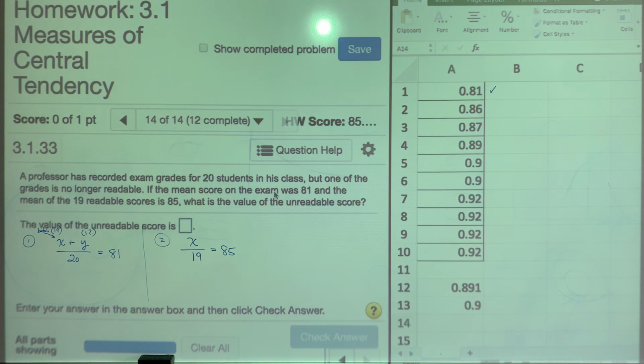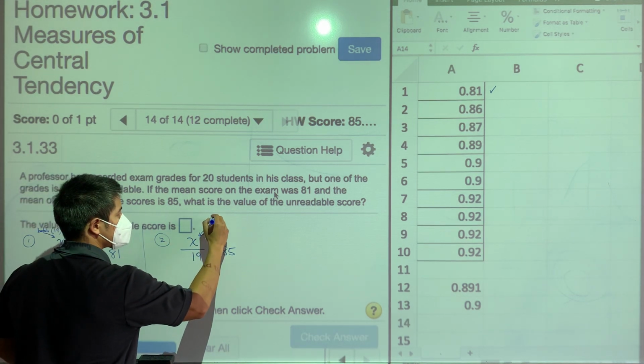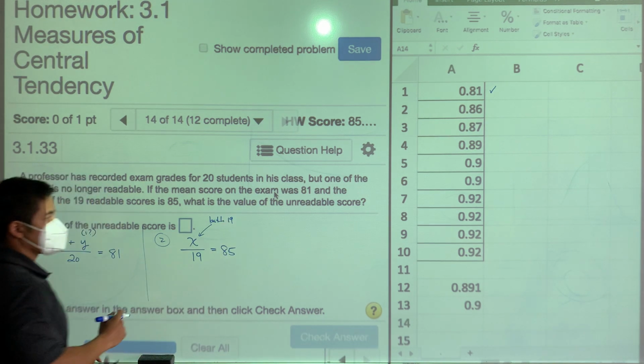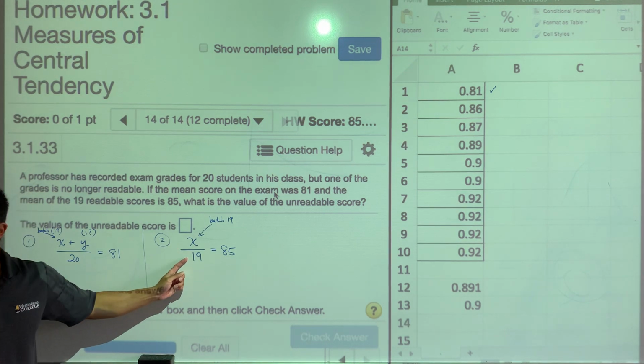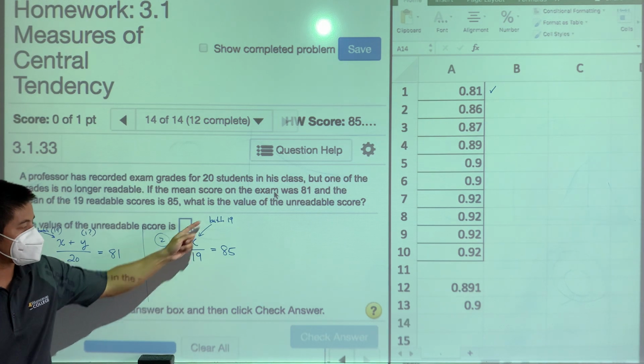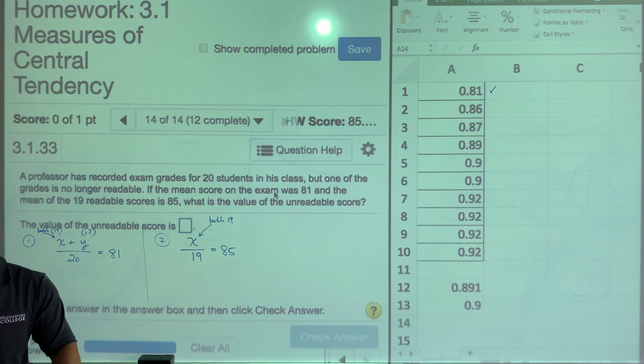Let's understand this one more time. Remember that this x represents the batch of 19 scores. It's all of them added together. If I average them, divide them by 19, the average of those 19 scores is 85. You with me so far?